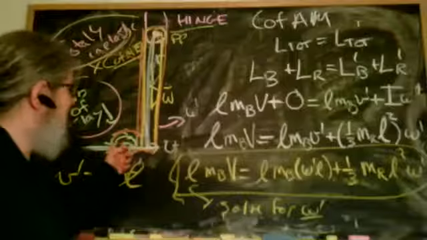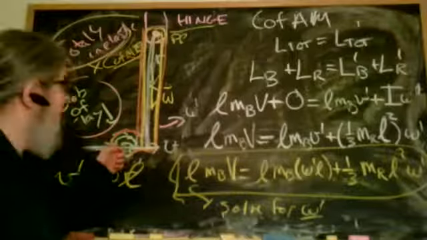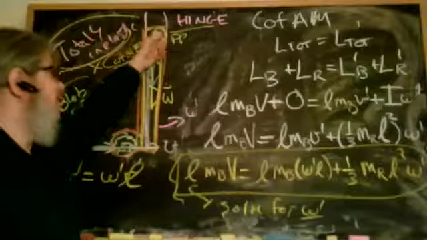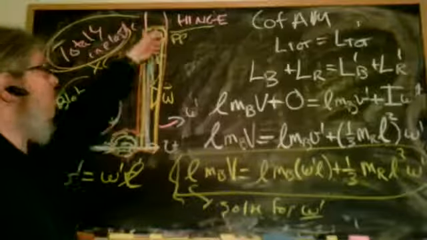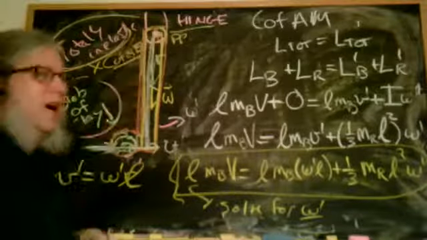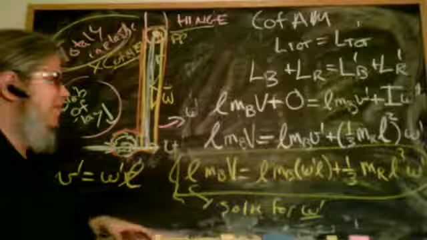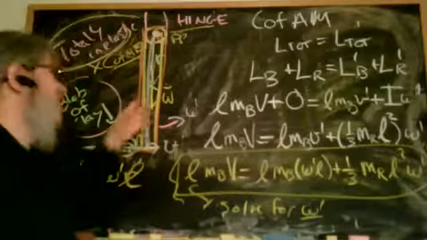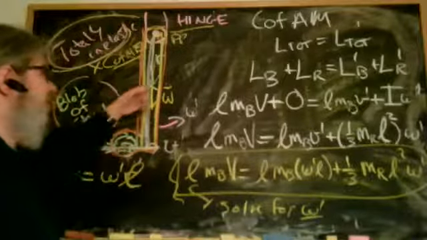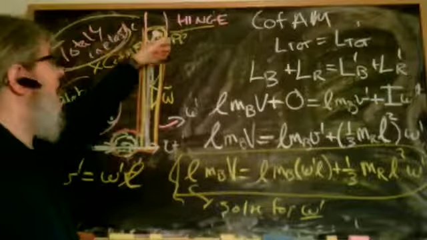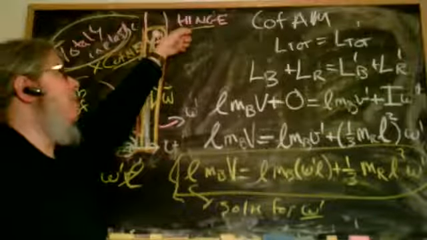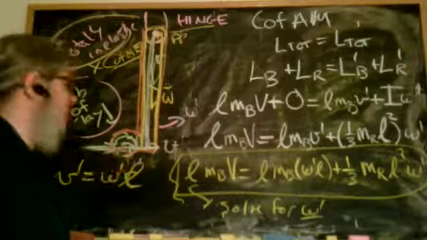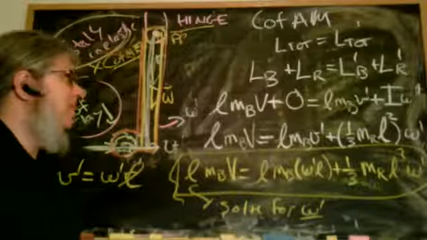Especially when you have a collision that involves a body that has a fixed pivot point, like a rod on a hinge, or I could have thrown the blob at a massive pulley. There's all kinds of problems where the hinge wrecks conservation of linear momentum, but allows conservation of angular momentum. So consider that for this kind of problem.